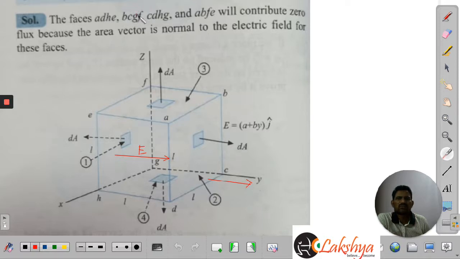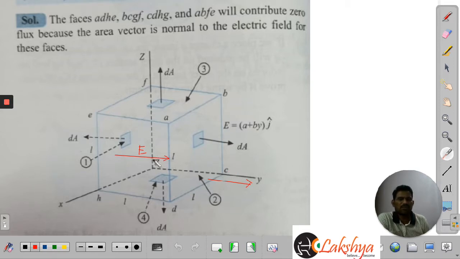And next, BCGF. This is the face here. On this BCGF we can say the same thing.